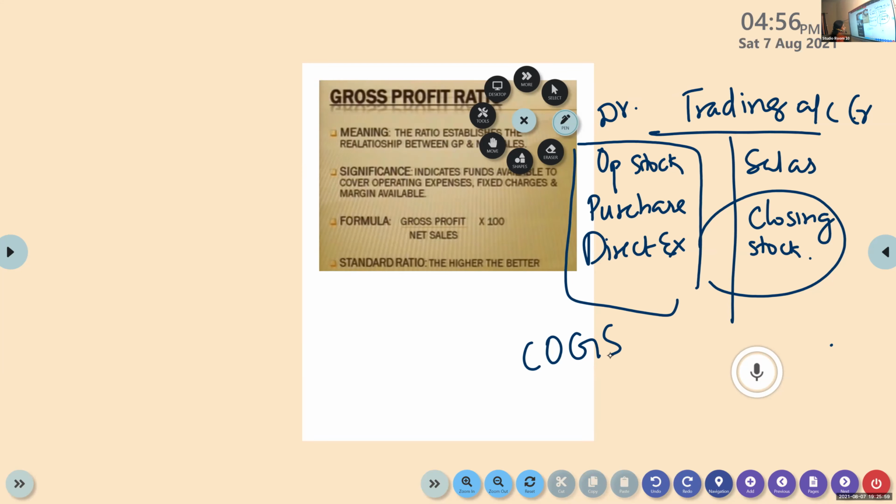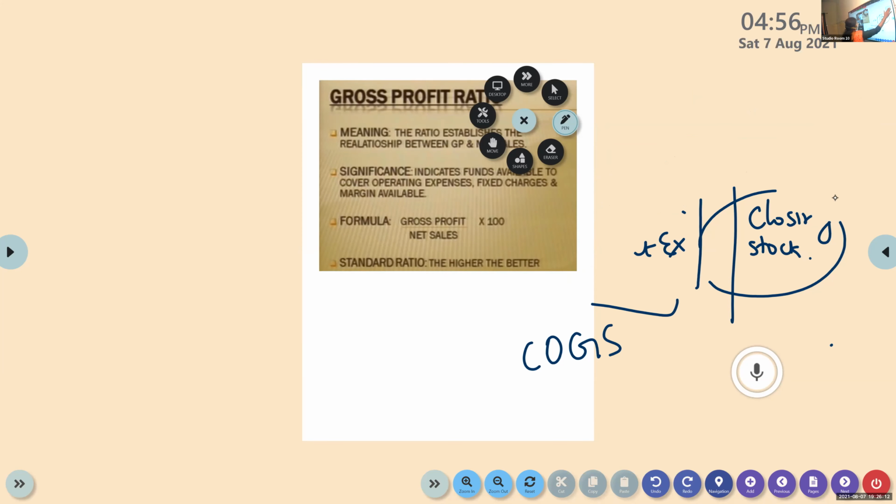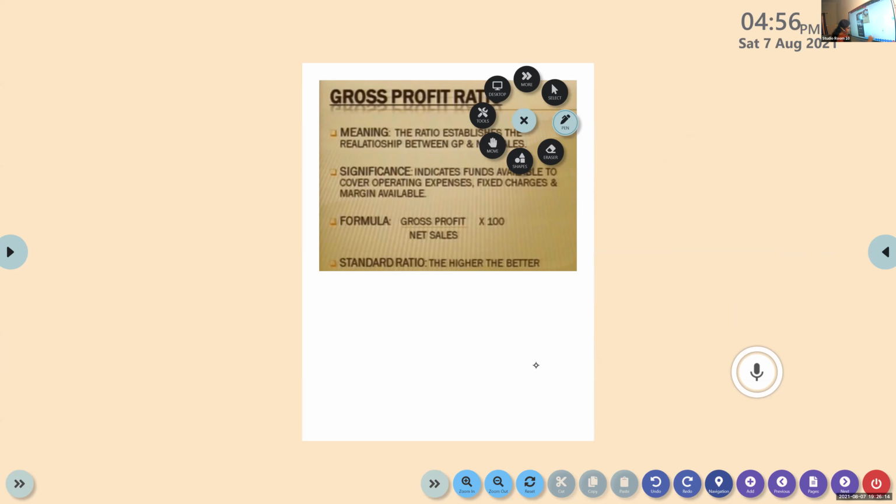Right? Now, net sales minus cost of goods sold will give you the gross profit. You know how to balance the trading account; the balancing figure is COGS. And net sales means sales minus sales returns.